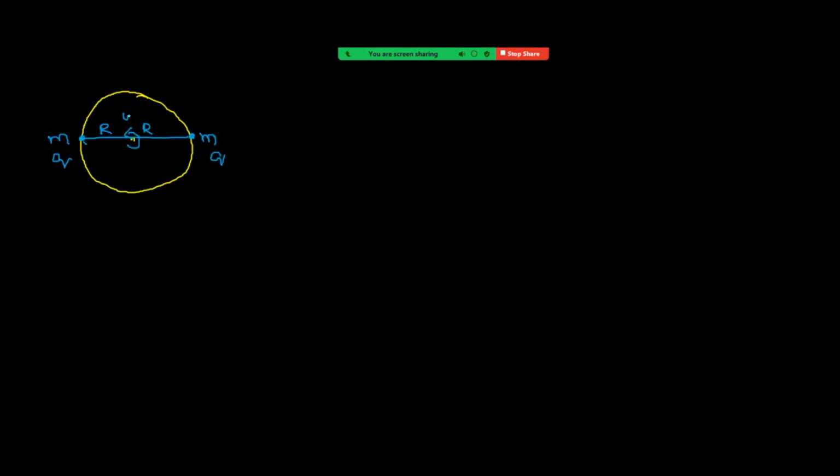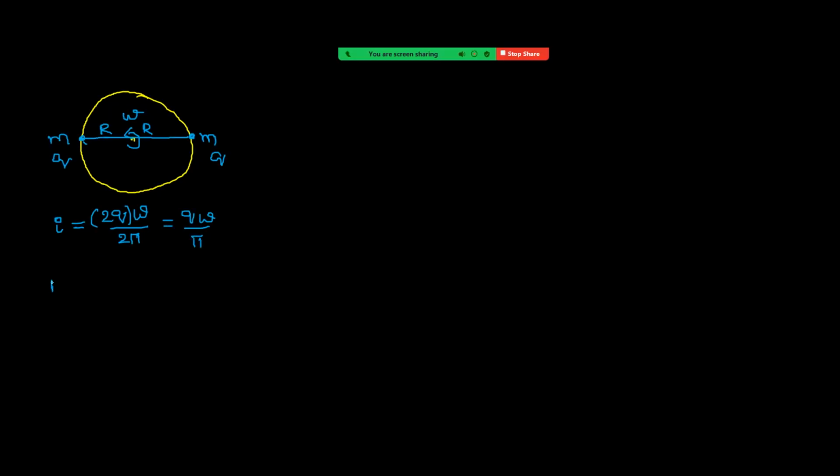Following a circular path, right. So first of all, calculate the current. I equals q omega by 2 pi. Here q means 2q, so 2q omega by 2 pi, which is equal to q omega by pi. Right, that's the current.